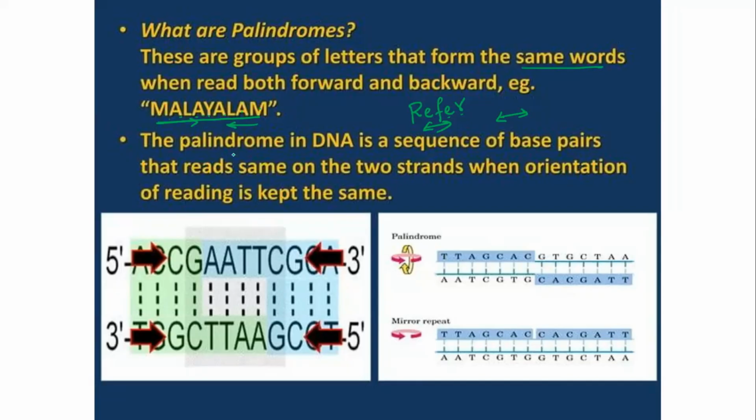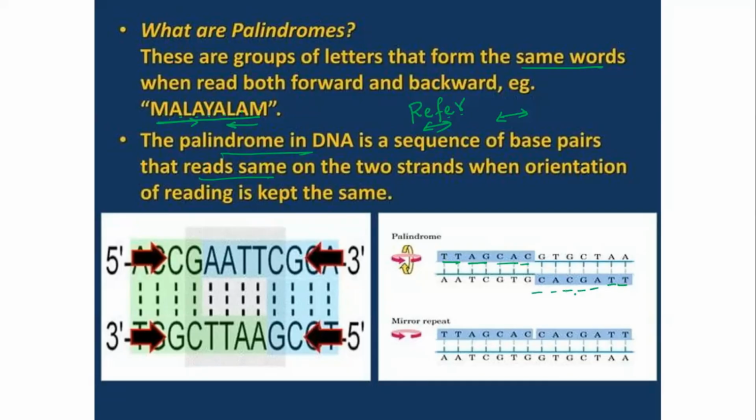And here this recognition sequence is palindromic in DNA. That is a sequence of base pairs that reads the same on the two strands when the orientation of reading is kept the same. So here we can see the sequence: TTAGCAC here, and here also TTAGCAC.